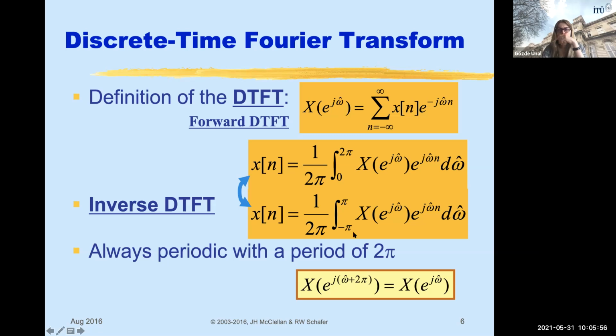Okay. So we define the discrete time Fourier transform for the first time, but actually we've studied it with frequency response, discrete time frequency response, which was really this guy before. It's the same thing as we studied before. But the inverse, I think we are seeing for the first time.